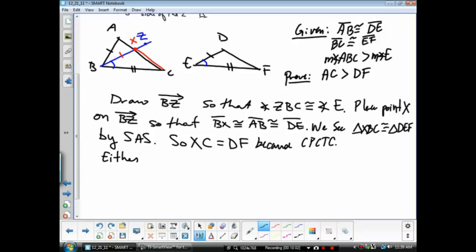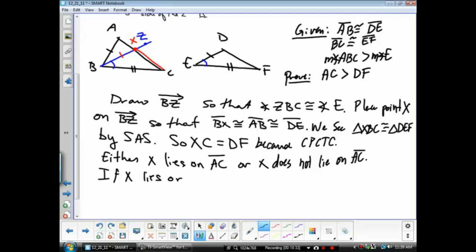Now either X will lie on AC or X will not lie on AC. So we're going to have to prove both cases. X lies on AC, it's actually the easier case to prove because we see that AC is greater than XC.